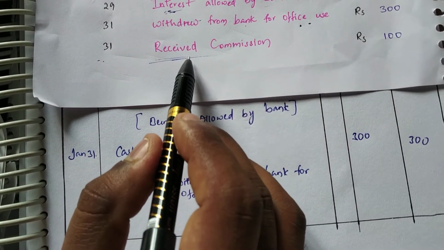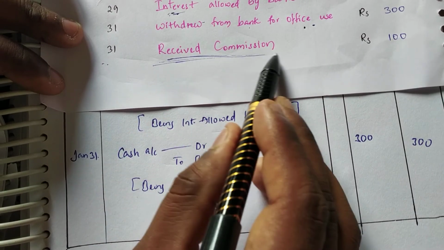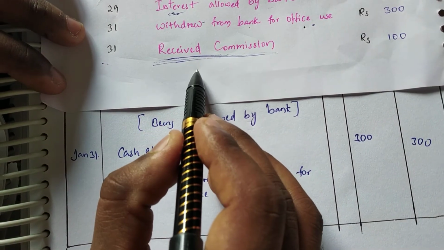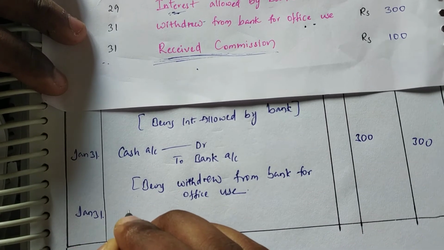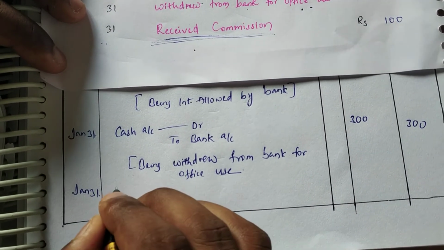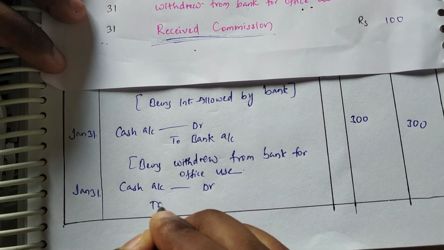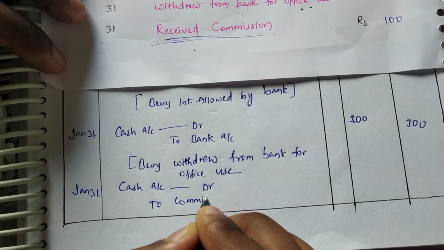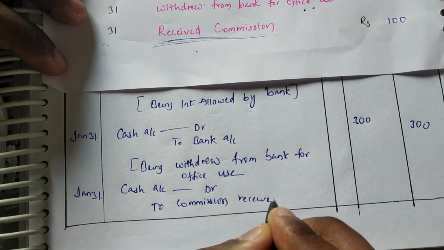So we received commission. We have two items here. One is commission received. Another one is cash, we received in cash. So cash is coming in. We have to debit: cash account debit to commission received account.